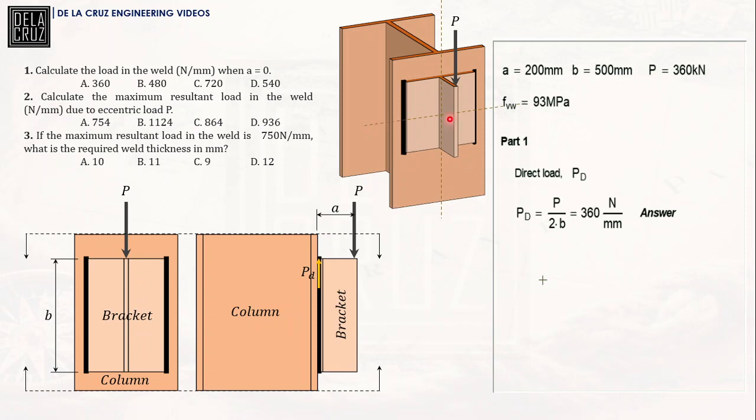Basically, that would be at half of this dimension because they are symmetrically distributed, or symmetrically fabricated, our welds here. So it is there, in the middle. Because of this P, it will create a bending moment about this neutral axis, and we call that M. If we look at this one in this plane, we can call that a bending moment.